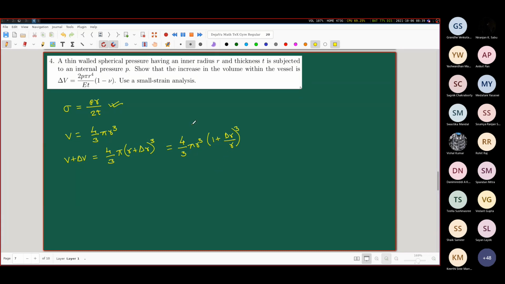So now we are again going to work like a physicist. Now we have to use a small strain analysis. So you can very well expect that delta R by R is going to be very small, which means you can expand this and neglect higher order terms.